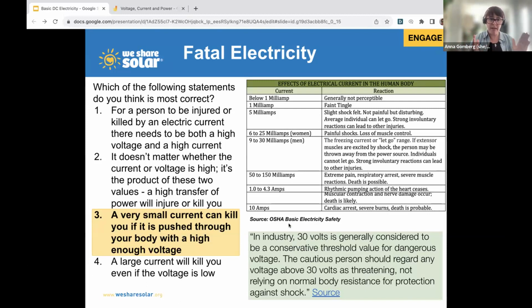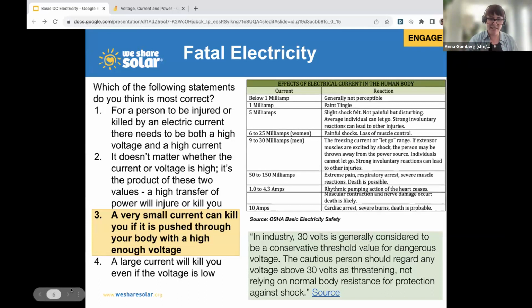The small solar panel, we're dealing with a 12 volt system, so it's not too dangerous. But once we start wiring solar panels together, we can increase the number of volts quite quickly, which we'll get to a little bit later. So yeah, electricity can kill you. And this is why.